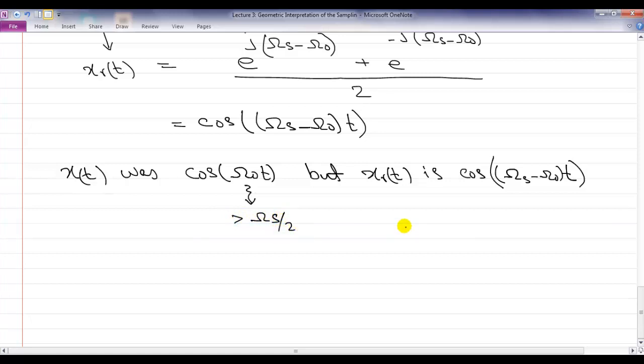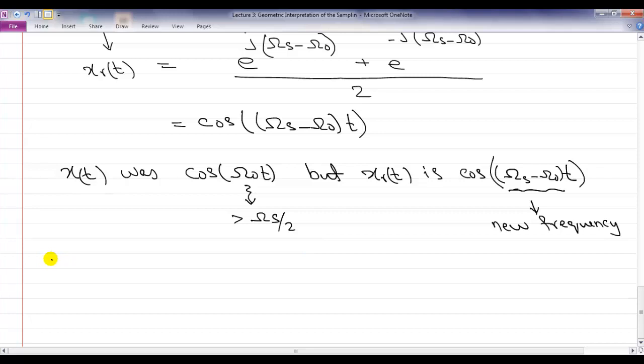So whatever was the region above ωs by 2 got folded, and the new frequency became ωs minus ω0, which is definitely less than ω0. You can see the same thing pictorially. If you are more comfortable with that, you can draw the multiple copies of these impulses, which is given as an example in your book, and you can apply the low pass filter and get the same thing.